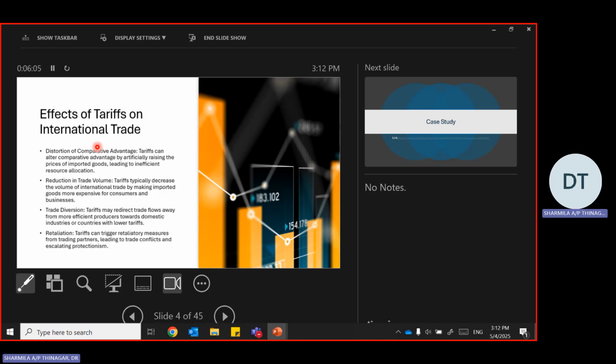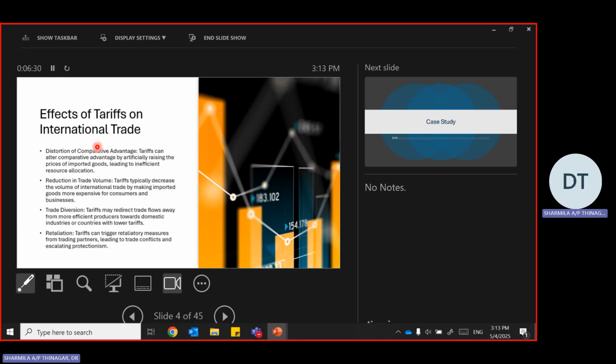But if an import tariff is put over there, it will affect trading activities, right? For example, Malaysia wants to import from Vietnam and Vietnam imposes a tariff on me. Obviously, I don't want to buy anymore, right? Even though you are specialized in that, I don't want to buy.